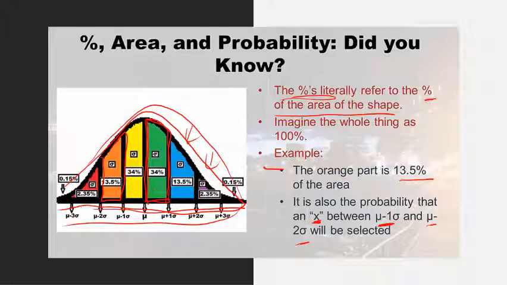So it's the probability that an x, or a score from the student, because we're looking at student scores in this situation, will fall between the mean minus 1 standard deviation and the mean minus 2 standard deviations. We kind of demonstrated that in the previous questions.